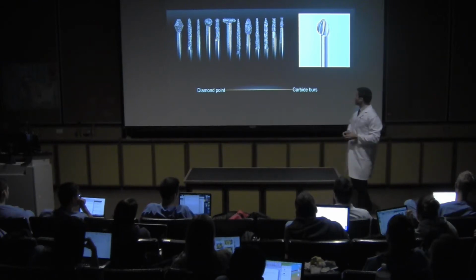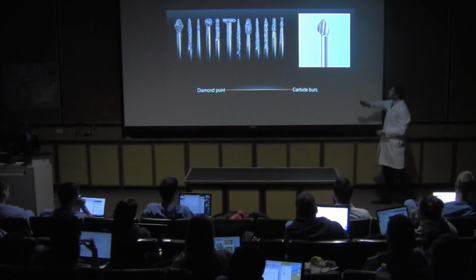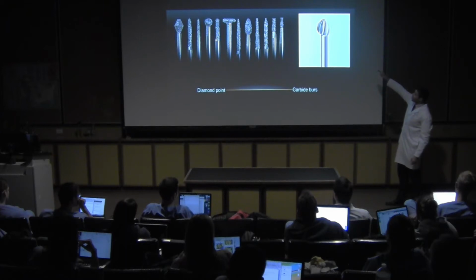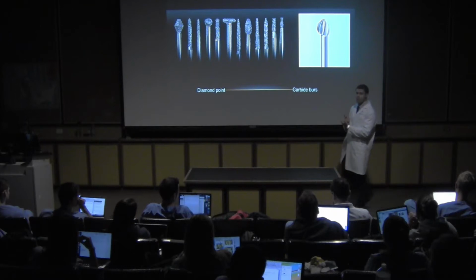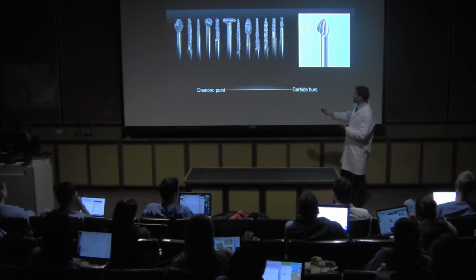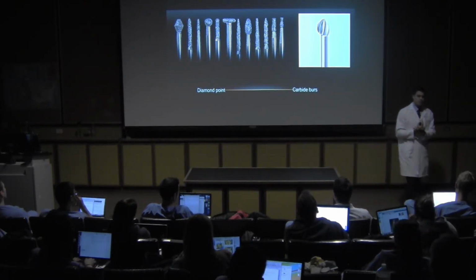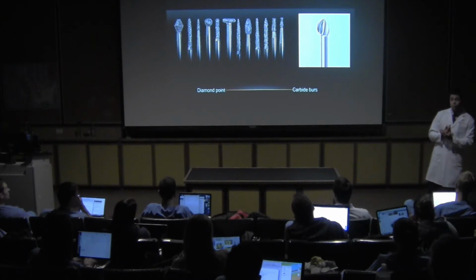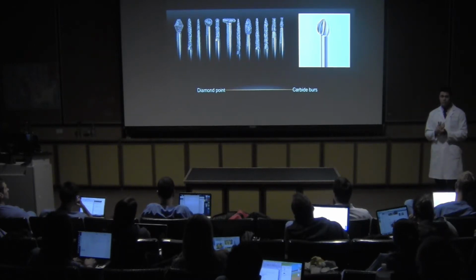Okay? Because when we use the carbide burs, you see here between the blades, we will have the enamel and dentin that is going to be cut by the cutter. Okay? Here it's going through a wear process. We have much more control, and our rotary instruments are long-lasting too.